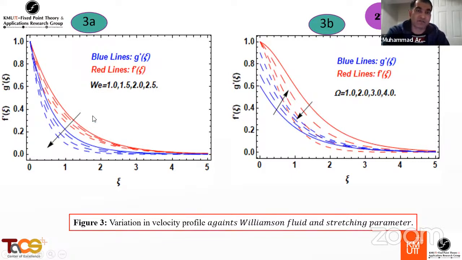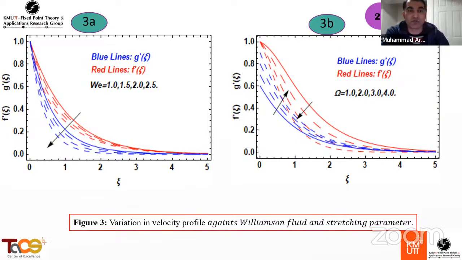It is due to the fact that increasing this parameter can cause some resistive forces and can increase the viscosity of the fluid. As a result, the more viscous the fluid, the more the velocity decreases.